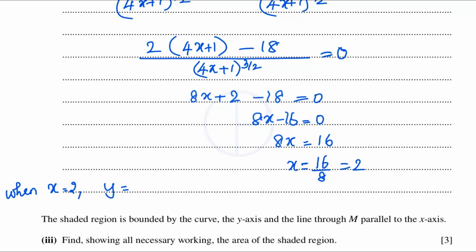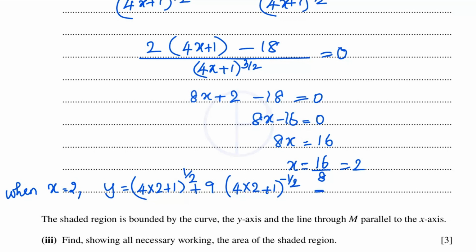Y is equal to 4 multiplied by 2 plus 1 the whole power 1 over 2 plus 9 multiplied by 4 multiplied by 2 plus 1 the whole power negative 1 over 2.